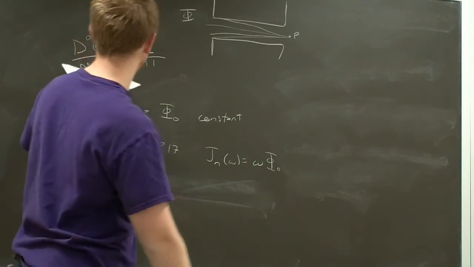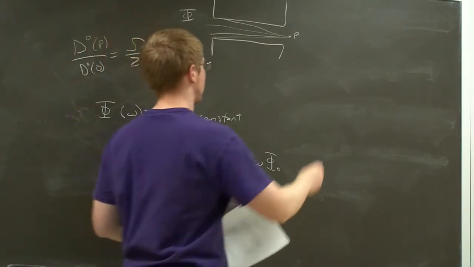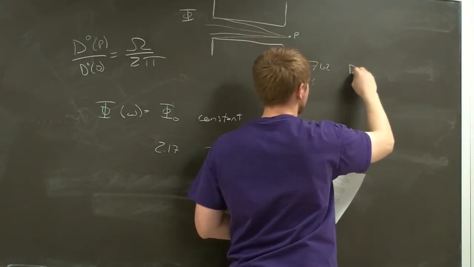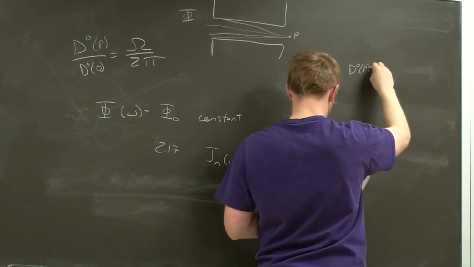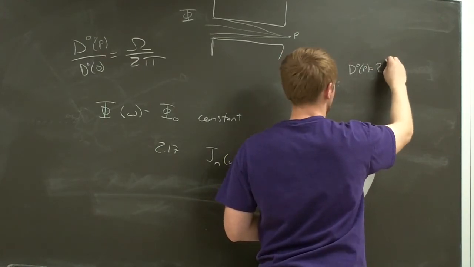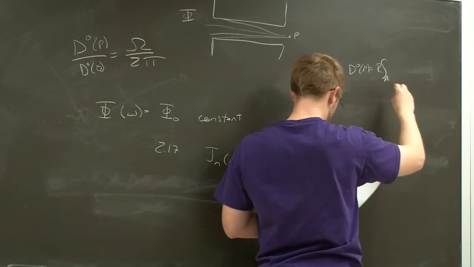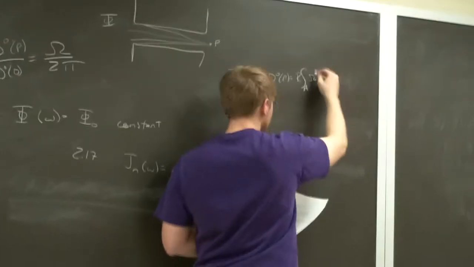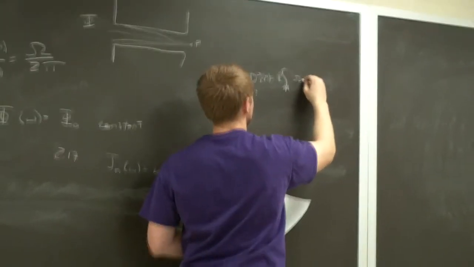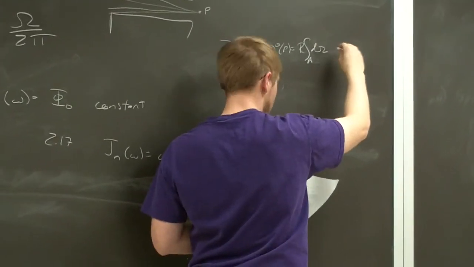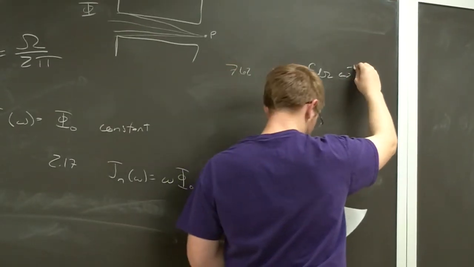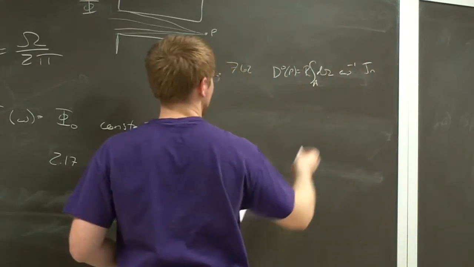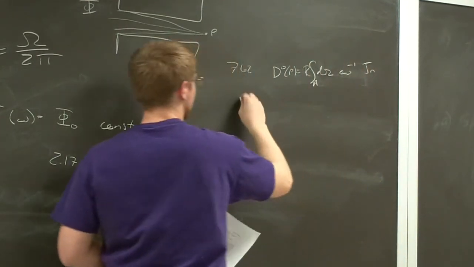Well, right before they give these two relationships, equation 7.62 says that D naught of P is equal to the response function, area integral, d omega, negative 1, J sub n.